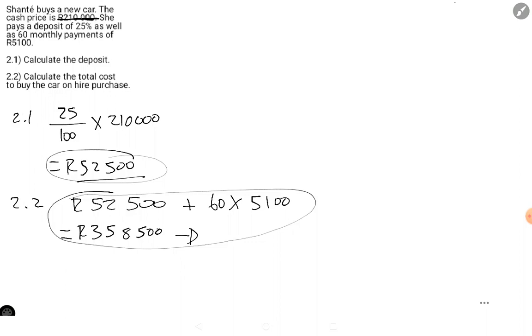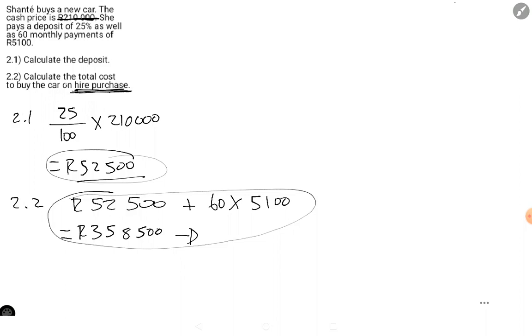So the question might be, why are we not using the simple interest formula in this case, right? Because this is a hire purchase question. It's simple. When you use the simple interest formula, it is because you were given the percentage for the interest, and you were given the period for that amount that you need to be paying.